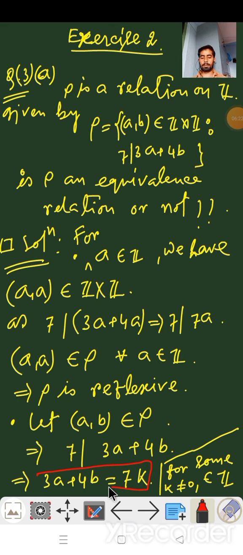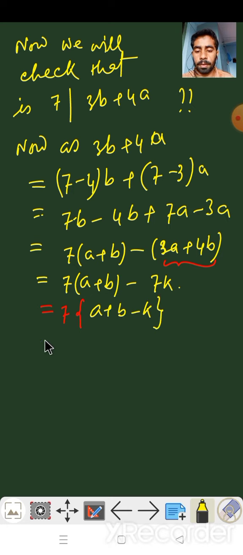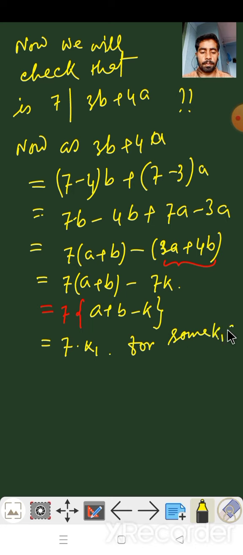We have 3a plus 4b equal to 7k, so we can replace 3a plus 4b by 7k, and finally take 7 common: 7 into (a plus b minus k), which equals 7 into some k1 belonging to Z, such that k1 equals a plus b minus k.